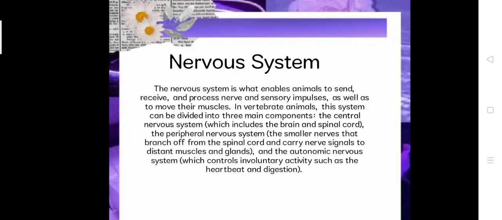Next is the nervous system. This is what enables animals to send, receive, and process nerve and sensory impulses, as well as to move their muscles. So, in vertebrate animals, this system can be divided into three main components: the central nervous system, which includes the brain and spinal cord; the peripheral nervous system, the smaller nerves that branch off from the spinal cord and carry nerve signals to distant muscles and glands; and the autonomic nervous system, which controls involuntary activities such as the heartbeat and digestion.